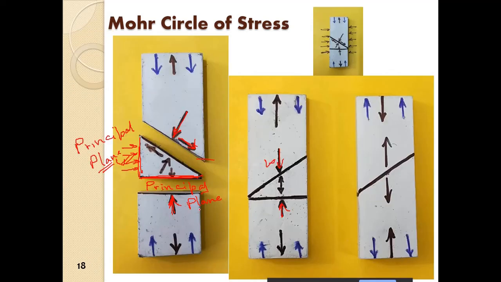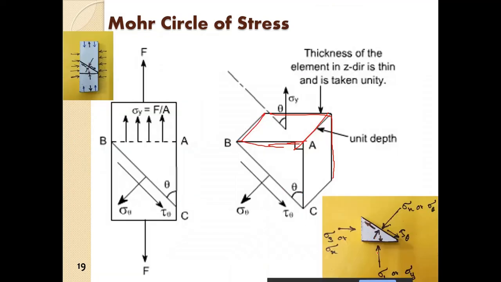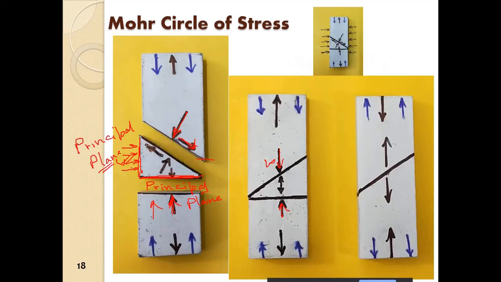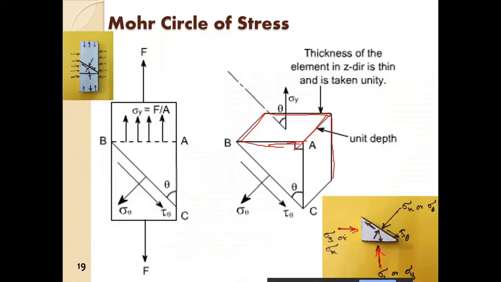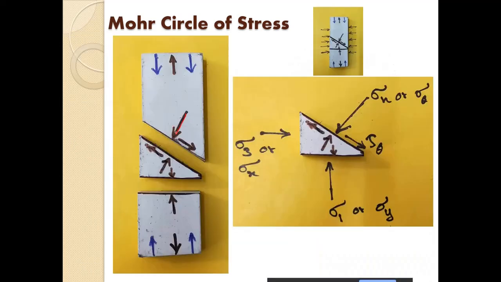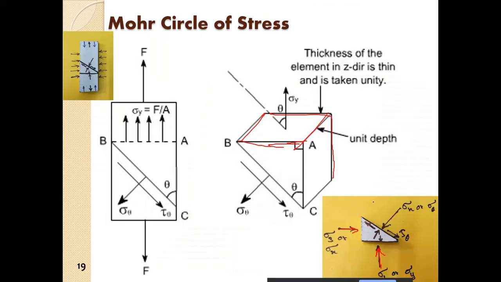If we consider this to be sigma 1, and the confining stress as in triaxial to be sigma 3, and obviously here we have the sigma n, and this is the tau theta.